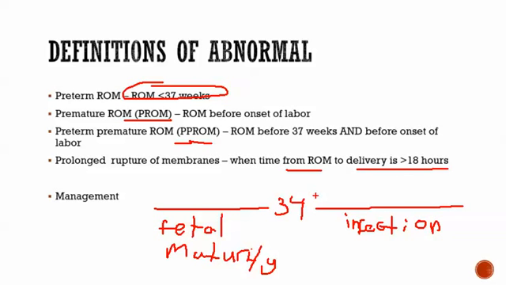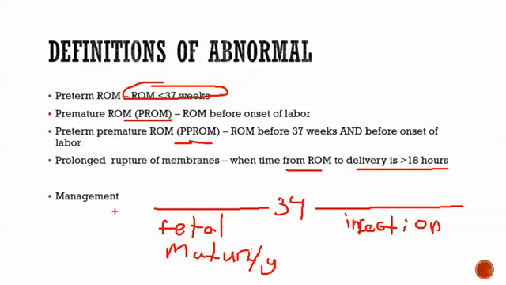You're going to want to give antibiotics to prevent infection. You could also think about inducing or augmenting labor. Once you get past the time where you're not so concerned about fetal maturity but more concerned about infection, that's when you want to help the delivery happen and prevent the infection. So antibiotics, possibly, and augmenting or inducing labor.